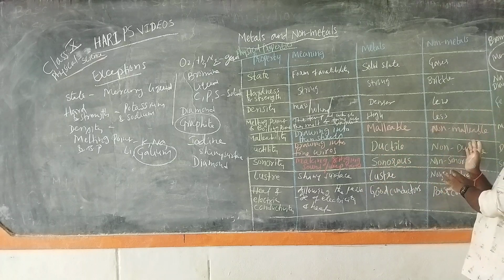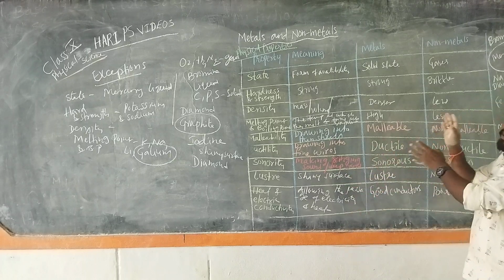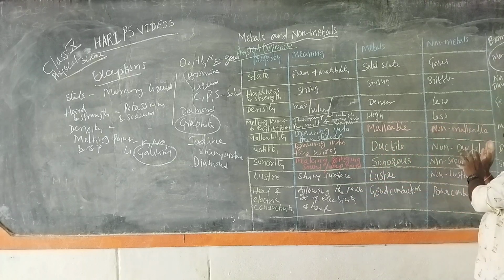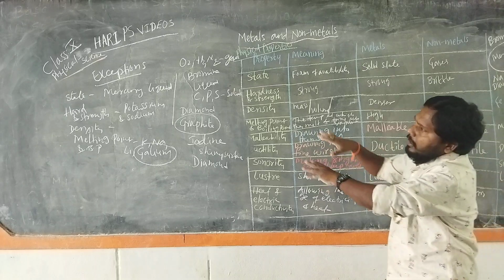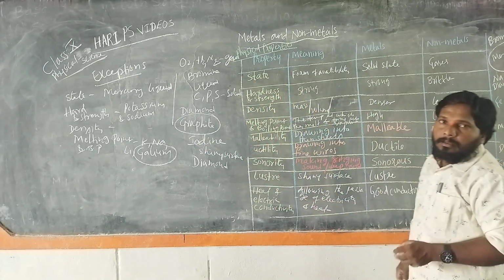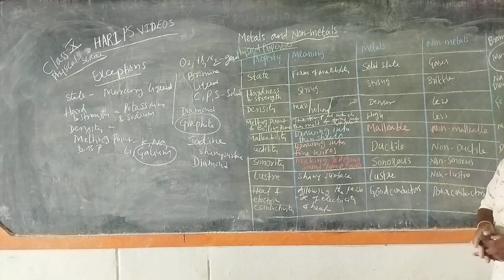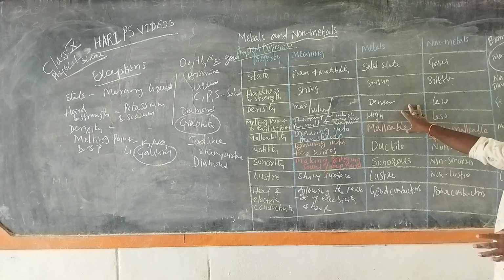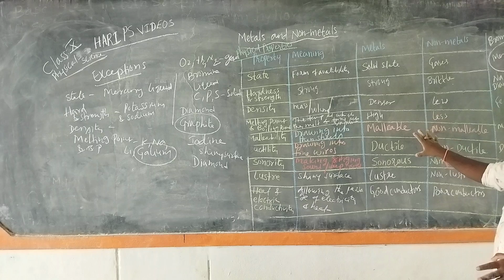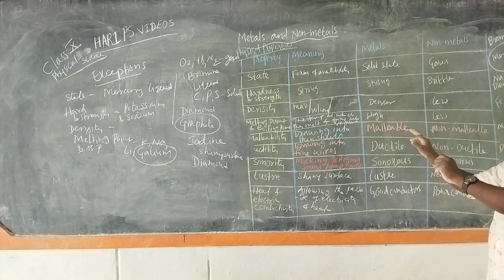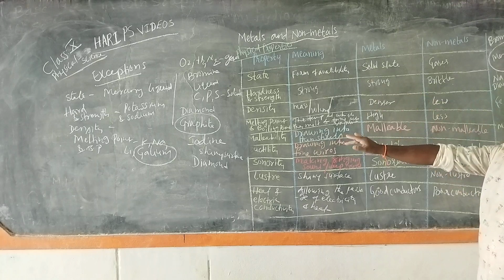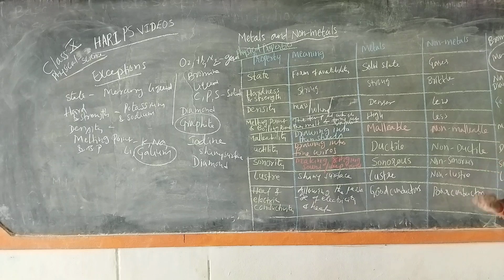After that we compare them along with the exceptions. Instead of taking too much time, in table form it is very easy to understand which are considered metals and which are not.